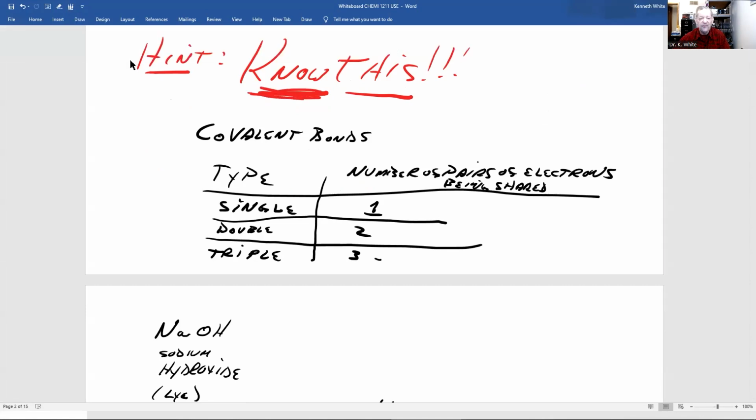See, it says it right here. Hint, you should know. Single bond, 1 pair. Double bond, 2 pair. And triple bond, 3 pair.